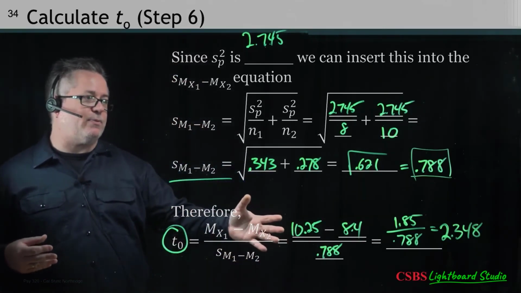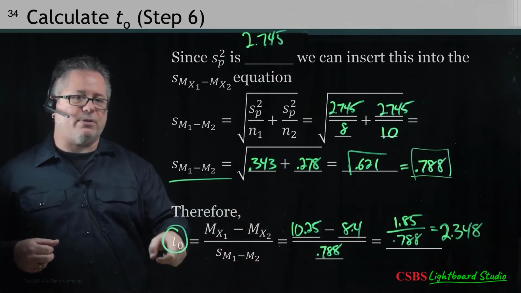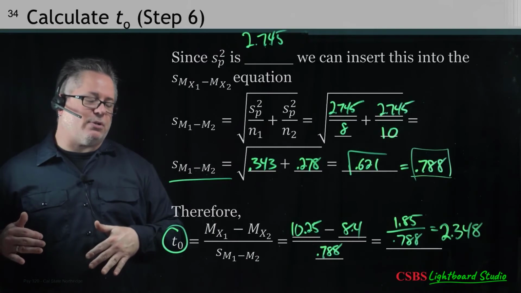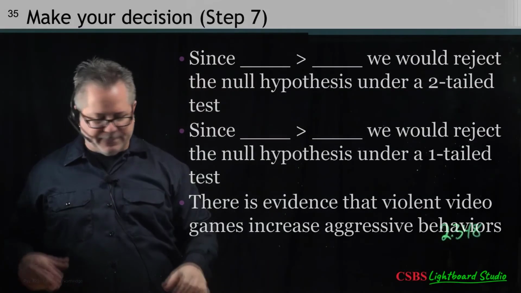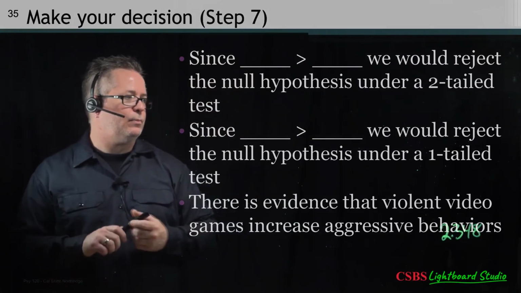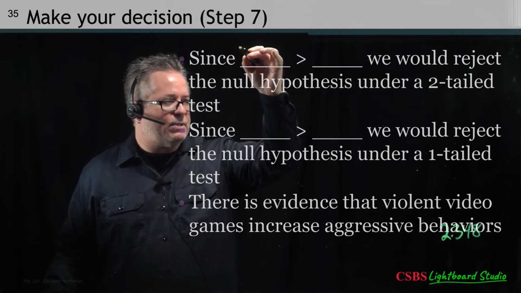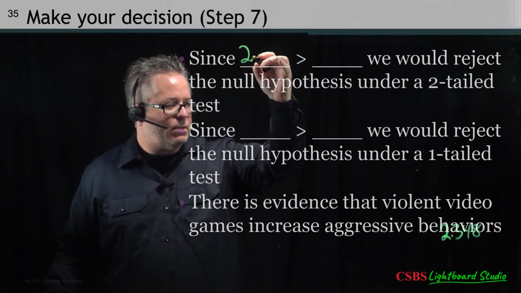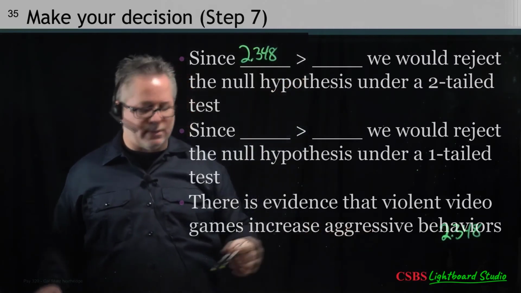We figured out T observed. Now we need to compare our T observed, our observed value here, to our decision rule, and then make our decision. So this is my T observed value, 2.348, that's the number we got down there.